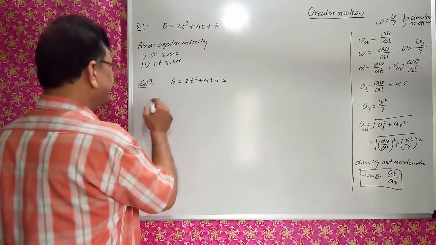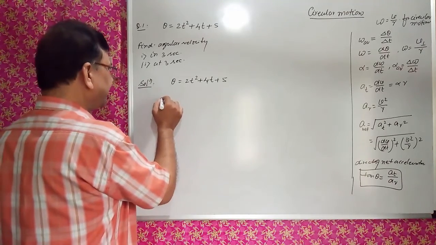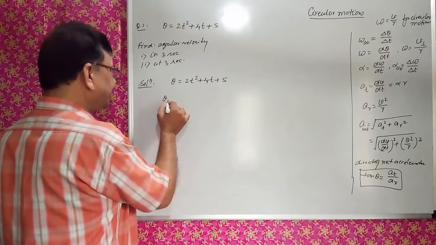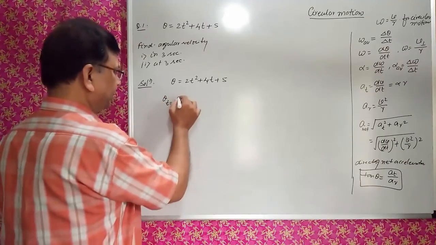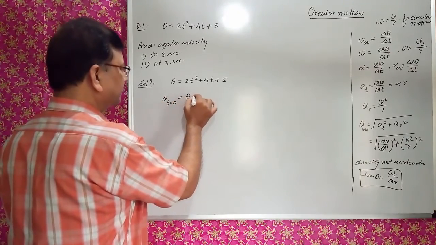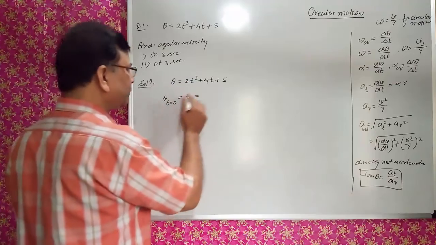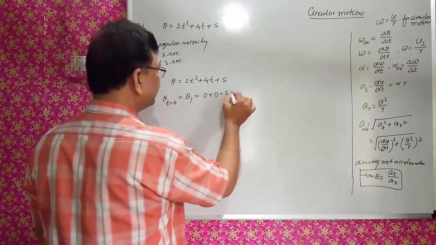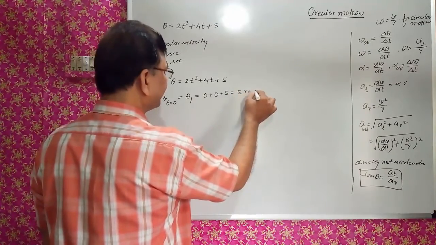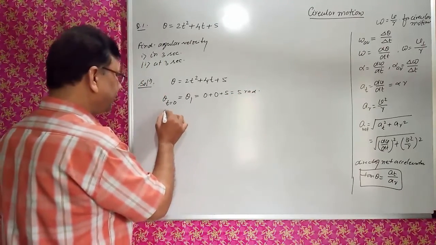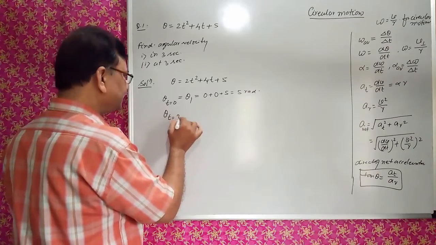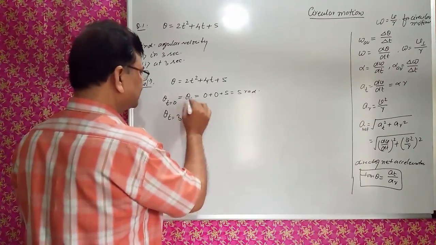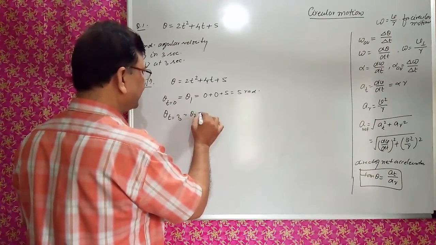Suppose theta at t is equal to 0, it is theta 1. Putting t is equal to 0, we get 0 plus 0 plus 5, that is 5 radians. Right? And then we will find theta at t is equal to 3 seconds. So it is theta 2 I will write.